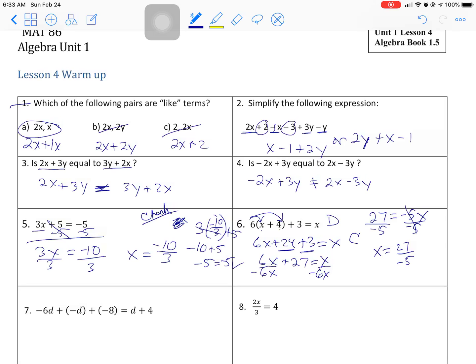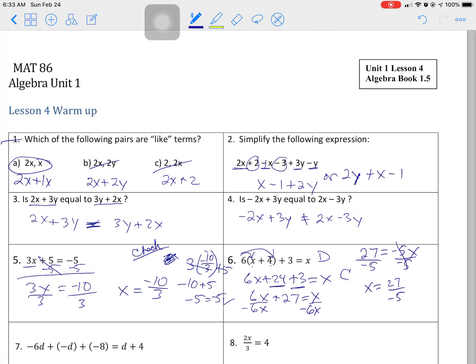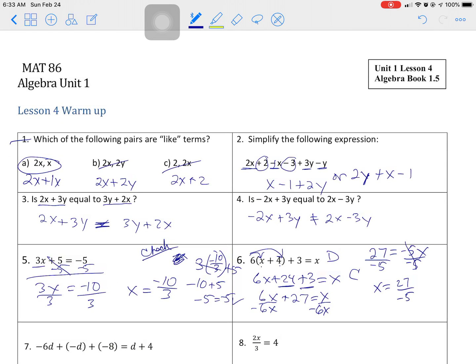I could check that. Let's see, it's going to be an ugly check. Let me do it up at the top here. Let's see. 6 times 27 over negative 5, plus 4 plus 3 is supposed to equal negative 27 over 5.